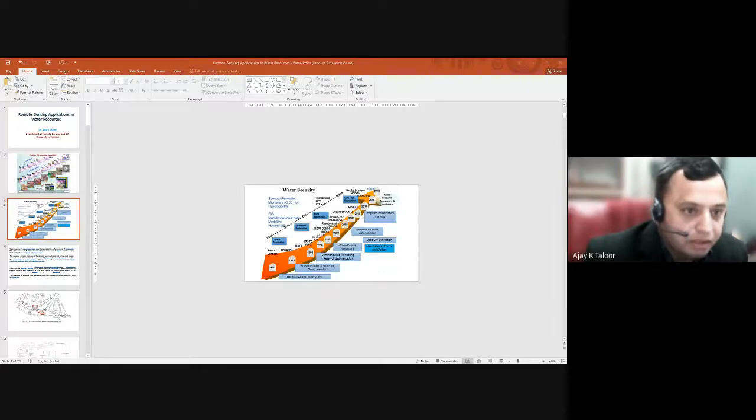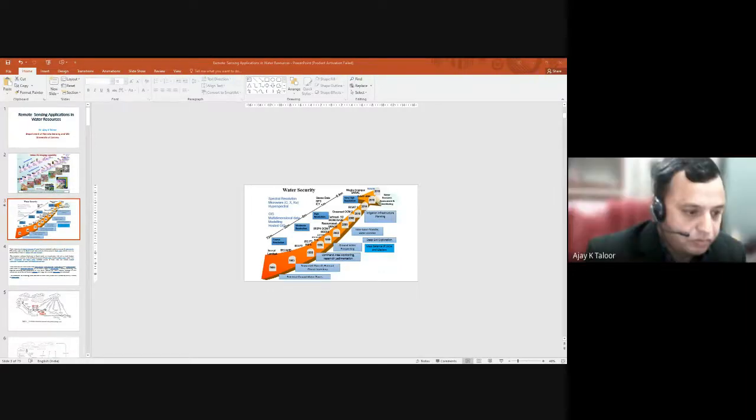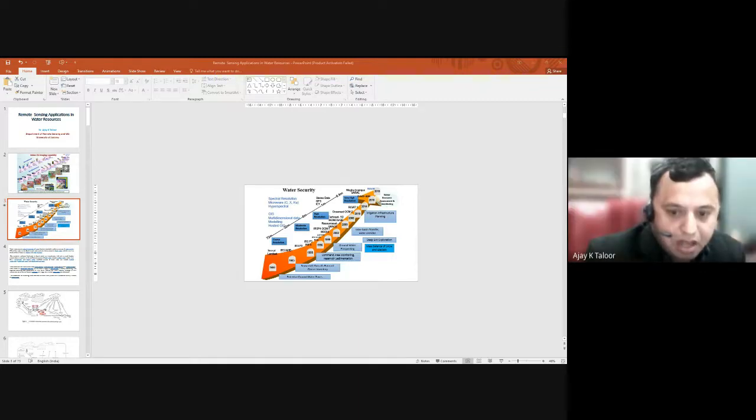Okay. To increase the size, there is an option on the right side and down side. I have enhanced that option, but I'll share my slides again.